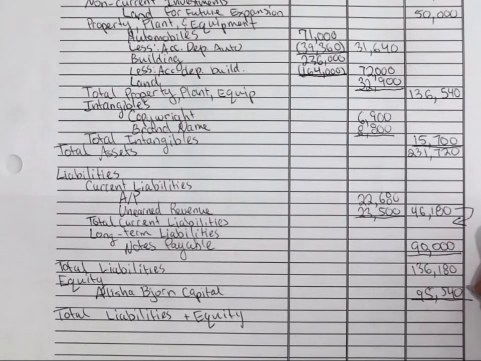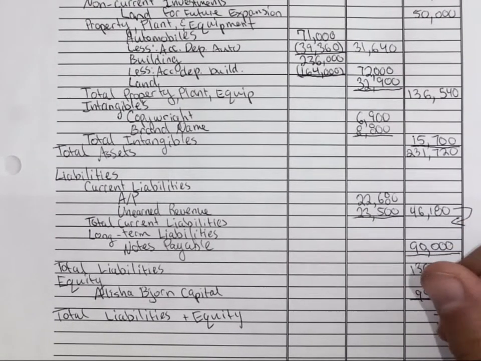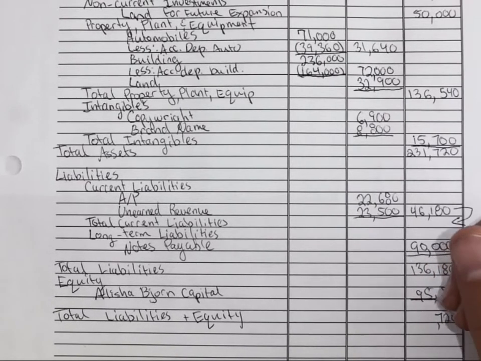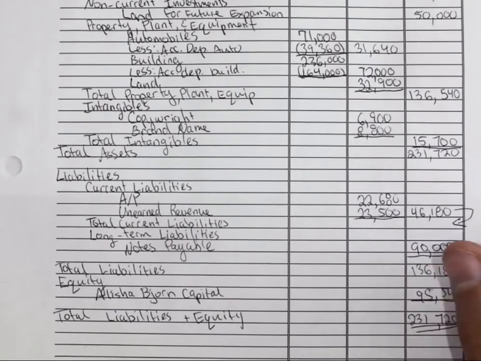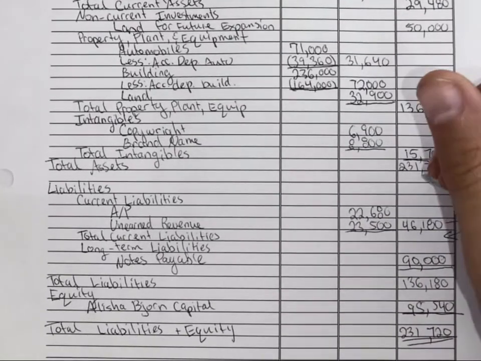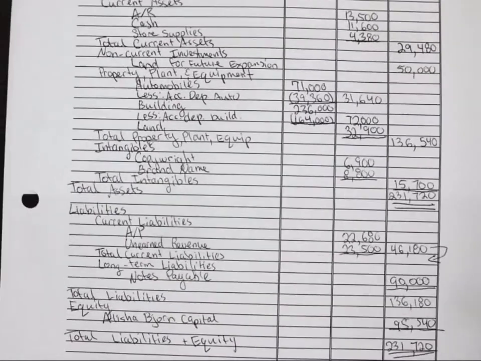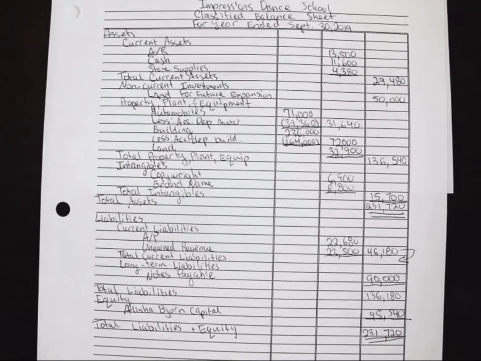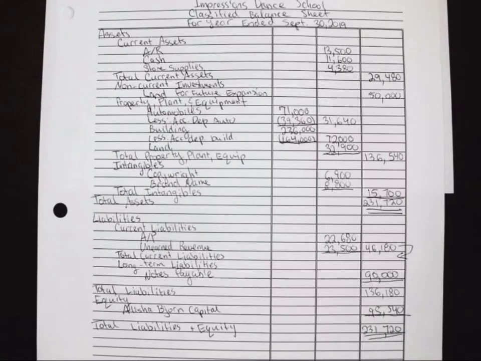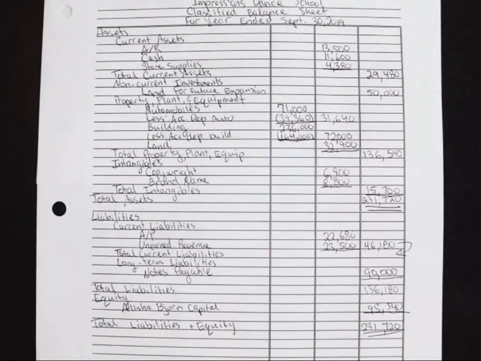Add these two up, and moment of truth. It works, it balances. And we have a classified balance sheet.